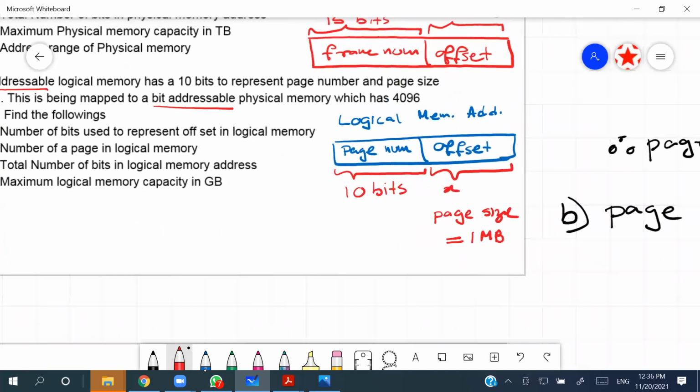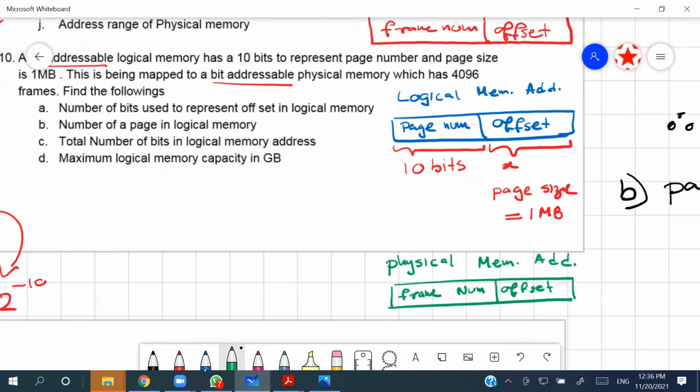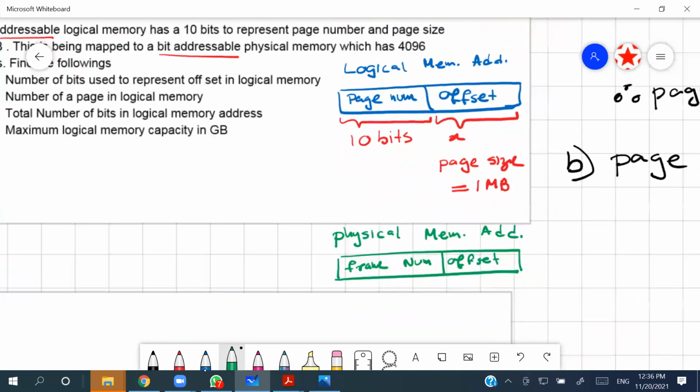Right, so the physical memory address has frame number and offset, and 4096 frames are there.